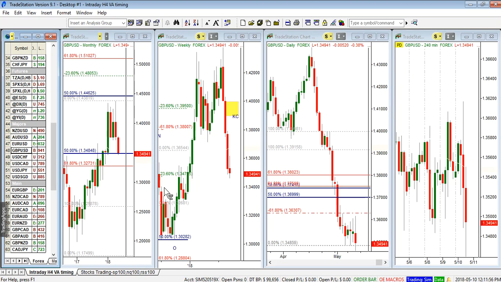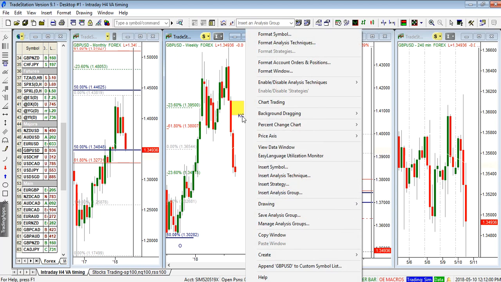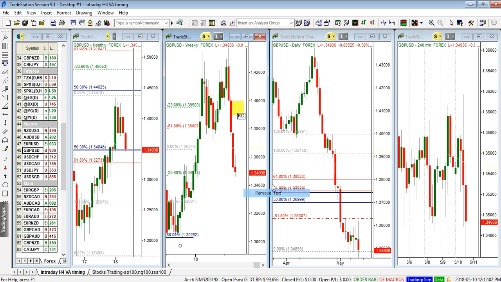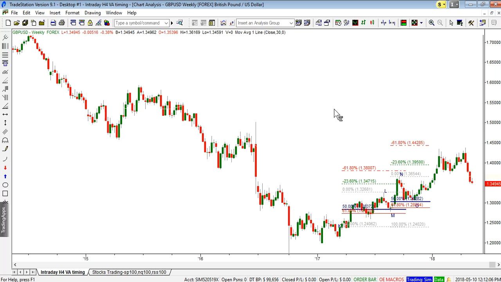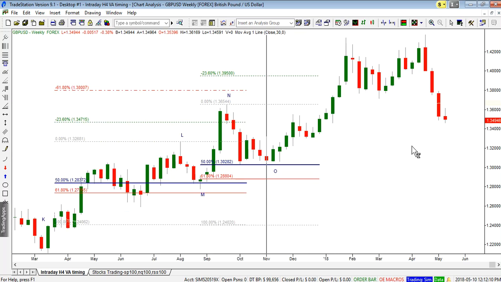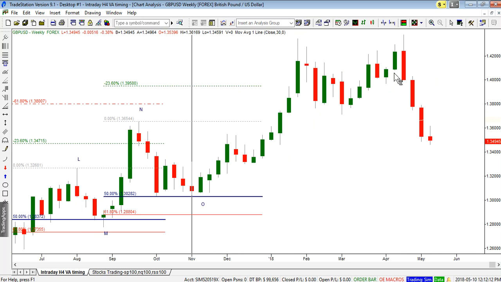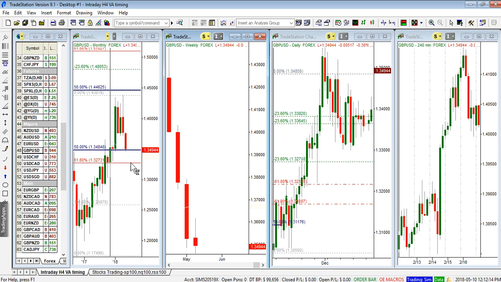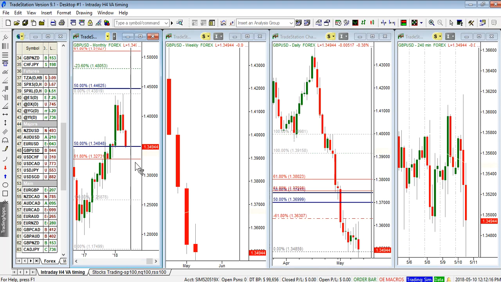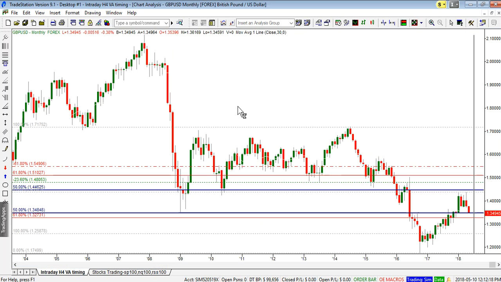Different story for pound, which keeps being very weak here. These are some choices for my students here. In here we are seeing a very weak market.